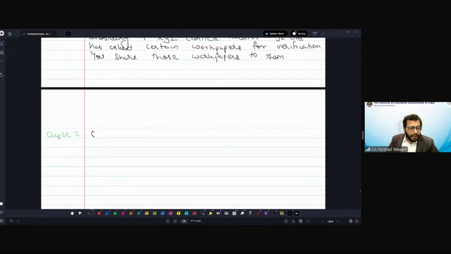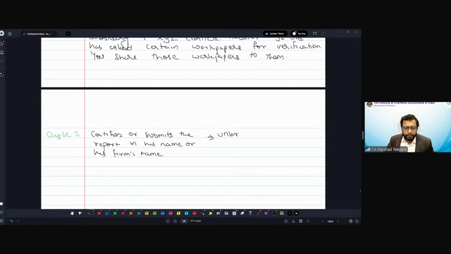So if he certifies or submits the report in his name or his firm's name, unless the examination is done by him or a specified person.